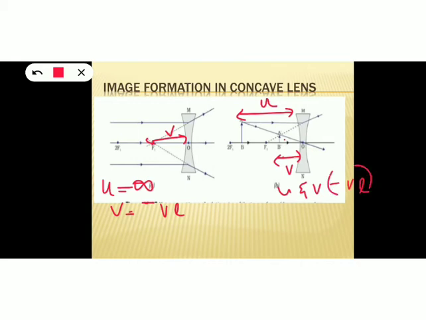Okay. And in the case of concave lens, it's very clear. We are more concerned about the focus F1, which is to the left side of the optical center. Hence the focal length of concave lens is taken as negative. It's a very important concept. You must always remember this. Focal length of concave lens is taken as negative.